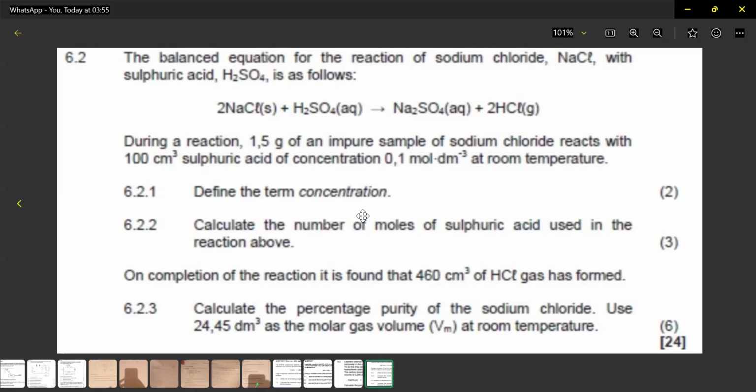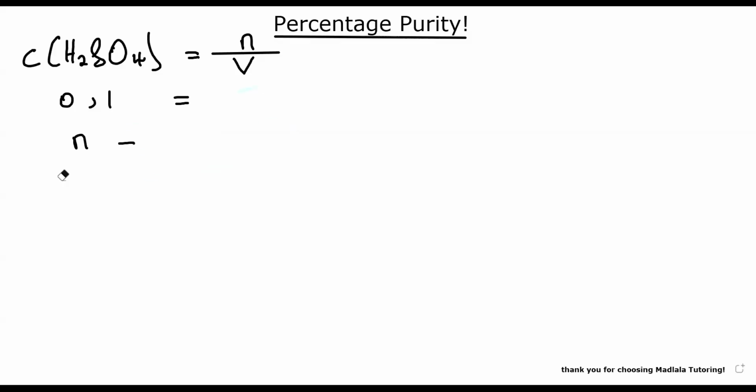So that's what we are going to use. We use hydrochloric acid so that we can find the moles of sodium chloride. And then we can find the mass of sodium chloride. Awesome. So every time they say that to you, you always prioritize a gas that has been formed. So it means this 0.01 actually becomes obsolete.